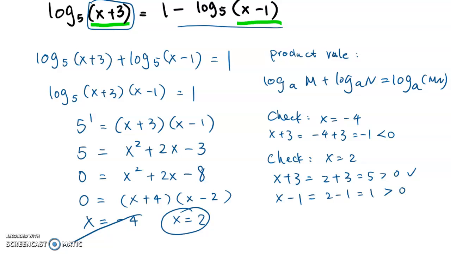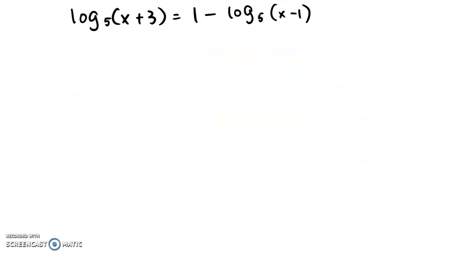Now, let's see the other way. The other method is to turn the right side into a single log. So the left side will stay the same. I will rewrite this 1 as a log with base 5. It turns out 1 is log with base 5 of 5, right?